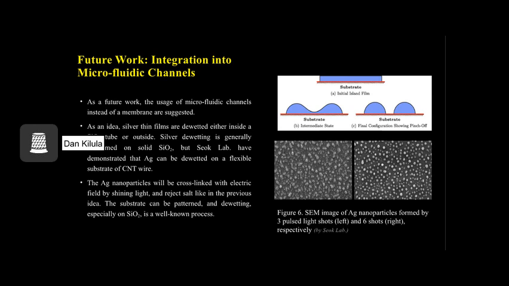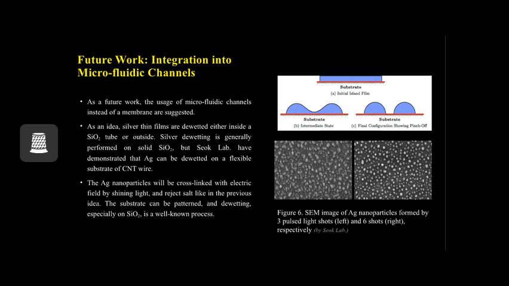Compared to the first approach discussed in the previous slides, the second method will focus on the use of microfluidic channels to perform the desalination instead of a membrane. Here, a silver film will be dewetted inside or outside a silicon dioxide tube. Silver dewetting is generally performed on a solid substrate, but it has been proved that silver can be dewetted on a flexible substrate.